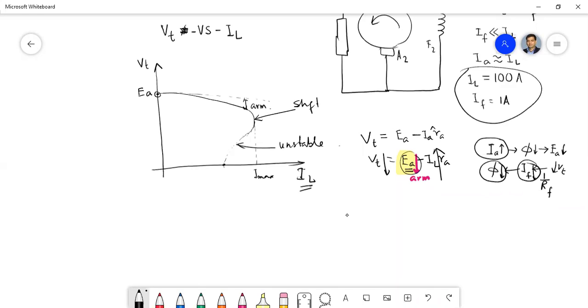Okay. So that means one point will be there: due to the increased armature reaction, the flux will reduce, and due to that EA may reduce, isn't it? So that point will be there, but not this point. Are you getting my point?